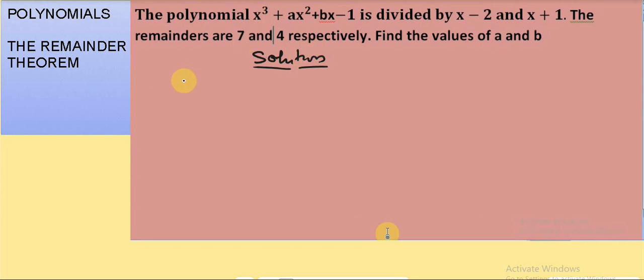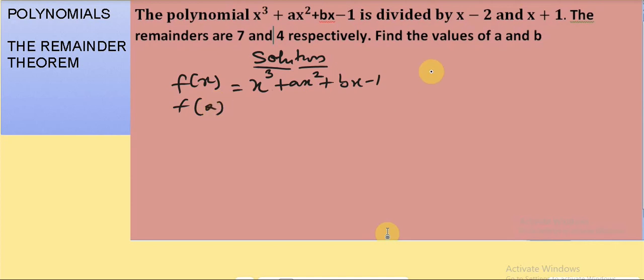So I'm going to bring function of x, which is x cubed plus ax squared plus bx minus 1.